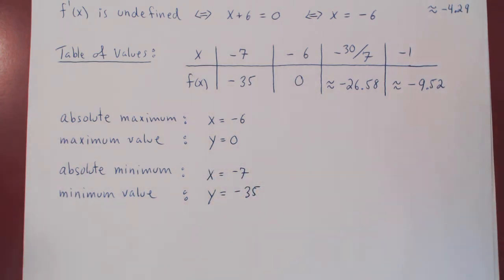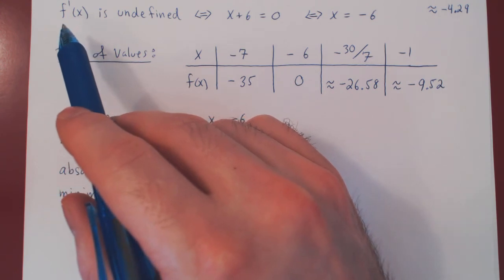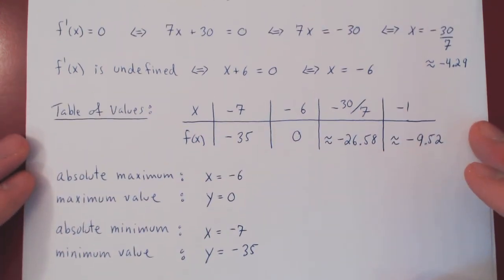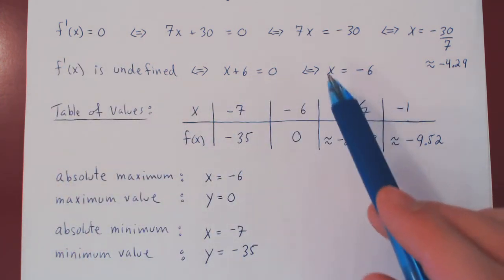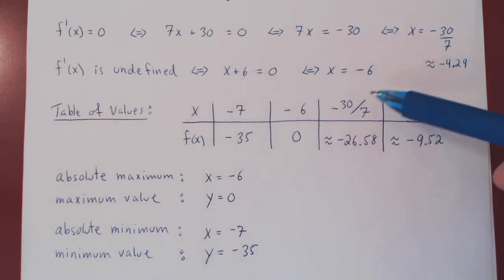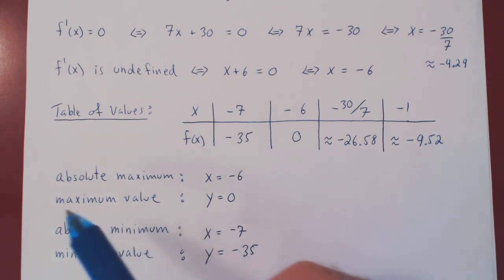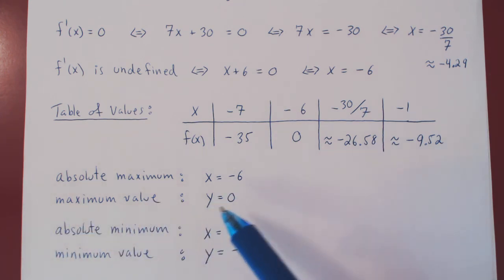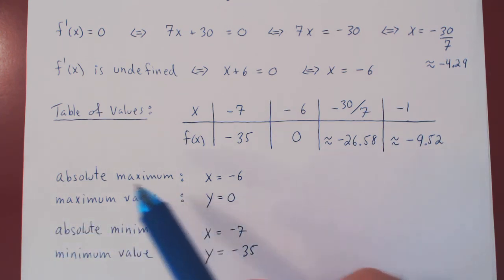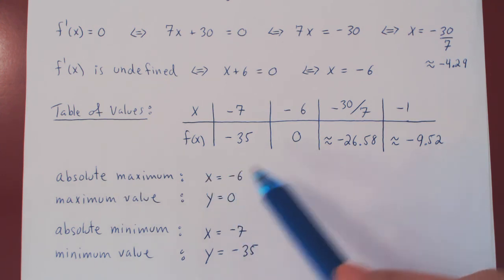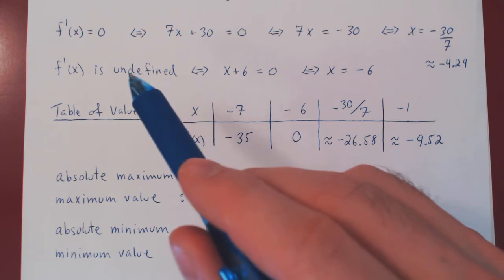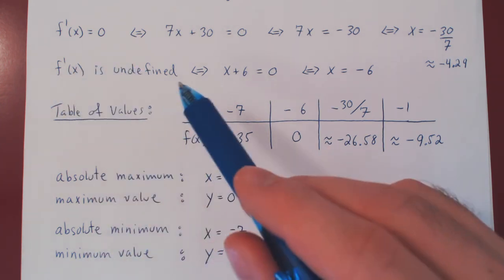And we're done. Now, one thing that's worth mentioning here is that it is really important that you don't forget that when you look for critical points, it is not simply points where the derivative is 0, but also points where the derivative is undefined. As we can see here, the function attains its maximum value of 0 at the critical point x equals negative 6, where the derivative was undefined.